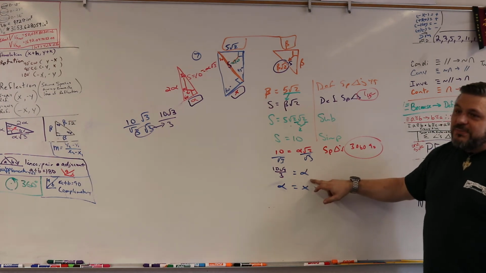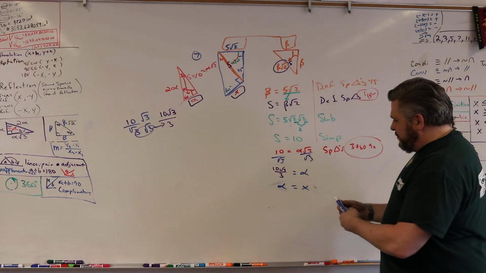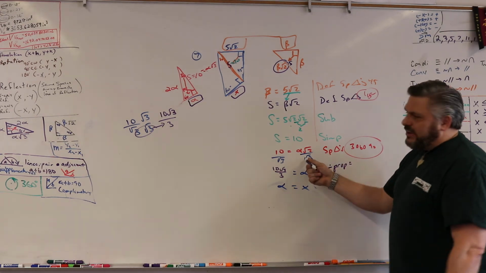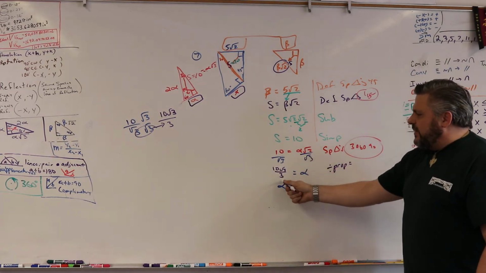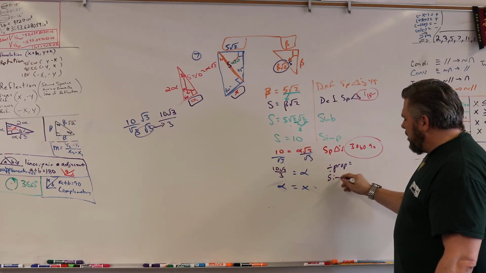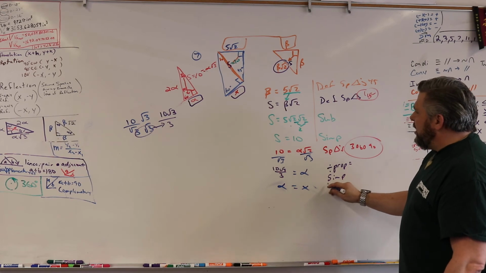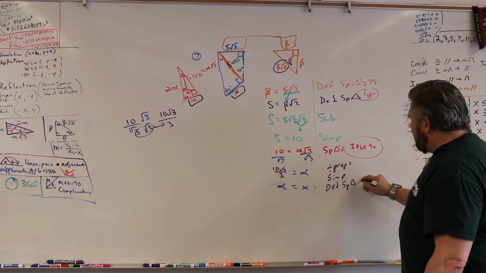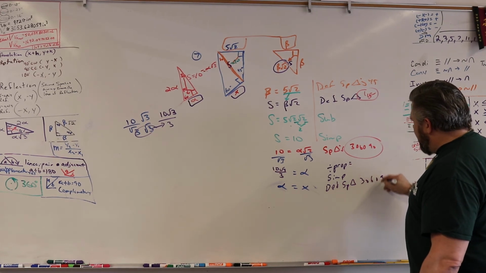We did the division property of equality. All we did was divide by the square root of 3. Then we simplified. And then we used the definition of special triangles, 30, 60, 90.